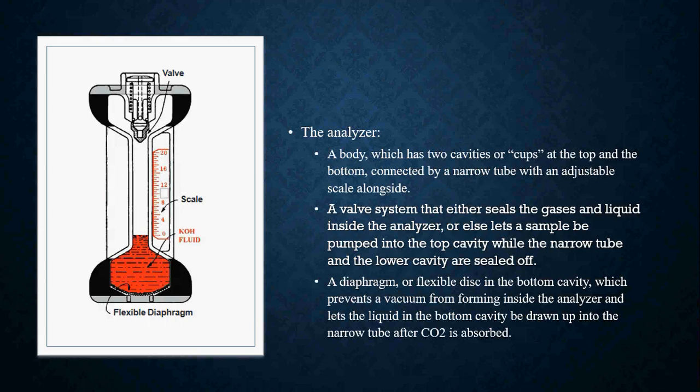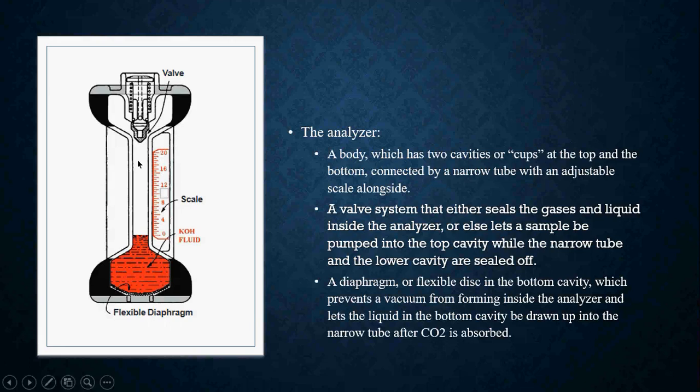Then you actually have a diaphragm in there, or a flexible disc in the bottom cavity, which prevents a vacuum from forming inside the analyzer and lets the liquid in the bottom cavity be drawn up into the narrow tube after the CO2 is absorbed.